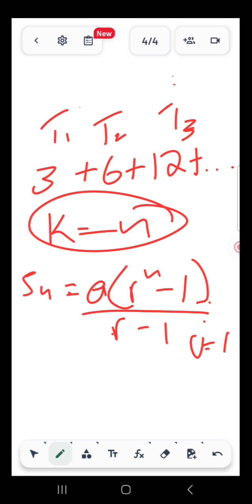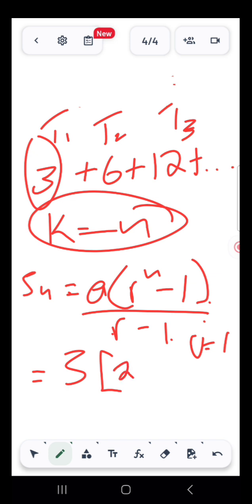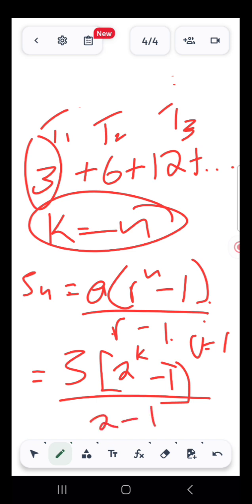So we substitute: a is 3, and then open bracket r, which is 2, we already said t2 divided by t1 is 2, to the exponent of n, which is k, minus 1, all over r minus 1, which is 2 minus 1.